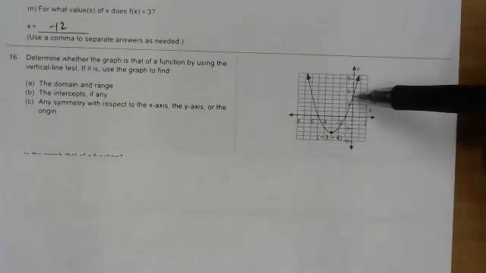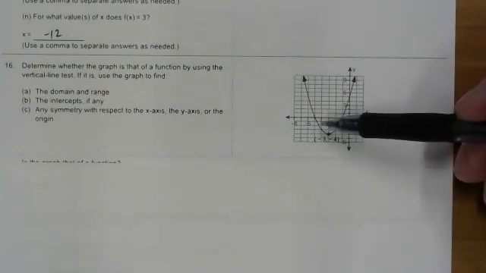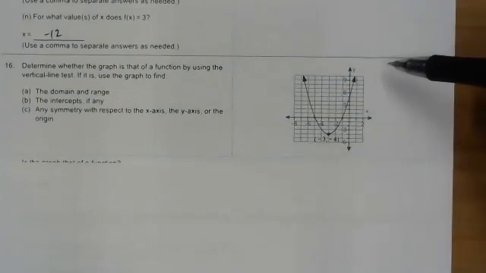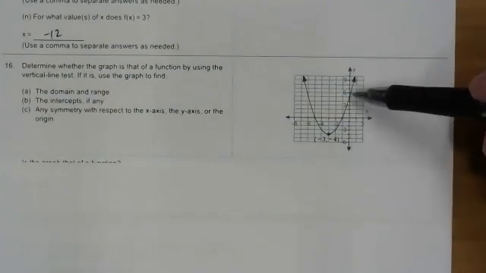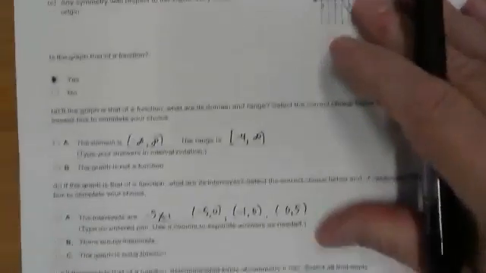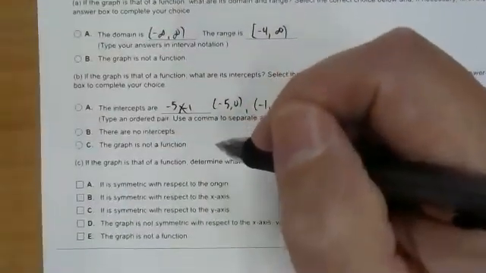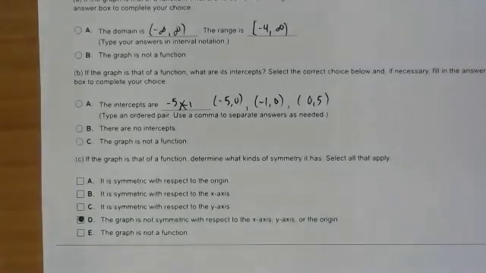If you flip this graph, almost like if it rotates around the x-axis, it's not going to be the same. If you rotate it around the y-axis, it's going to flip like this. It's not going to be the same. I'm saying D. It's not symmetrical anywhere.